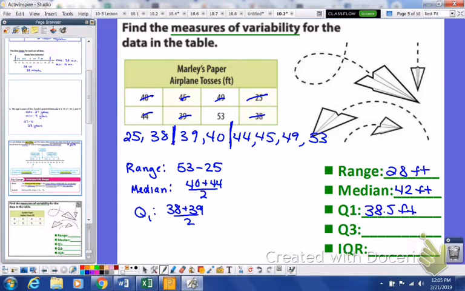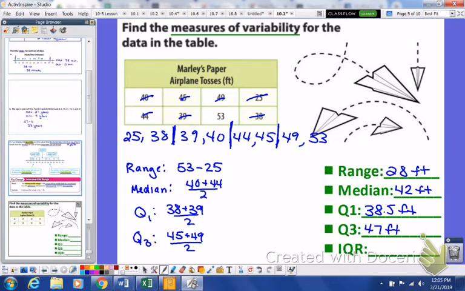38.5 feet. And then our Q3, again, even amount. So in between our 45 and 49. Gives us a Q3 of 47 feet.